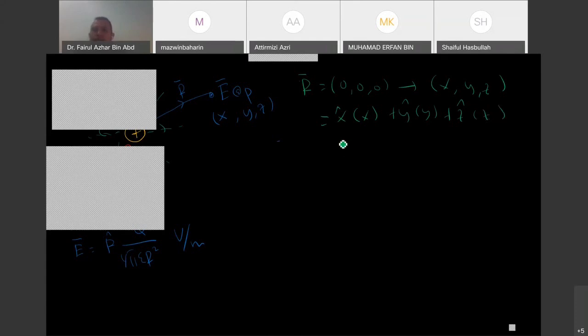And then the amplitude is equal to the square root of x squared plus y squared plus z squared.